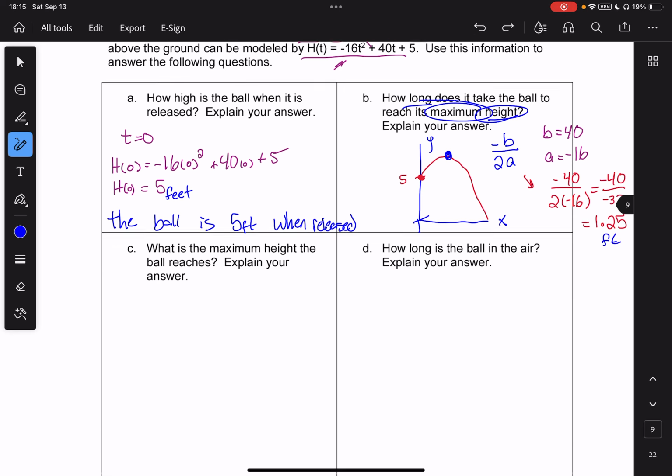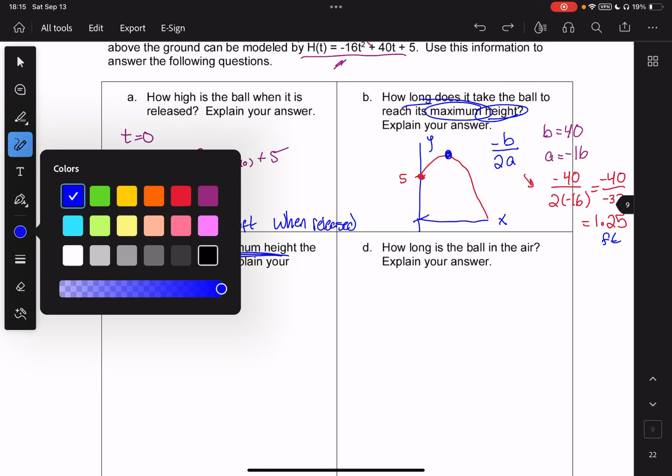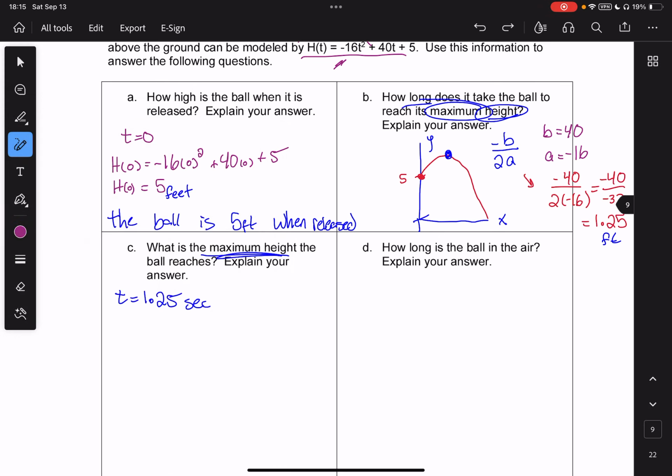Okay, so question C asks, what is the maximum height the ball reaches? So we found in B the maximum time. We said that the maximum time is 1.25 seconds. So now we're going to use this maximum time that we got, and we are going to figure out what the maximum height is.